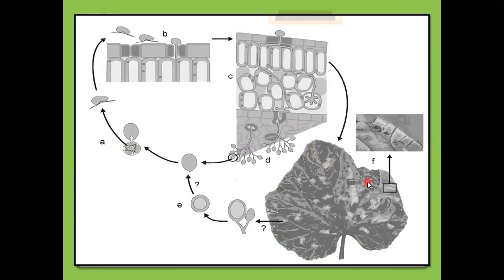So this is the life cycle or disease cycle of Pseudoperonospora. The whitish downy growth is generally seen on the lower side of the leaf. This is the development of the pathogen, forming the haustoria and developing the sporangiophore.